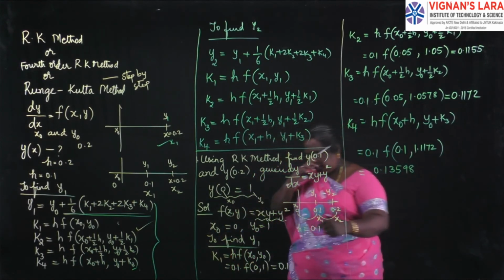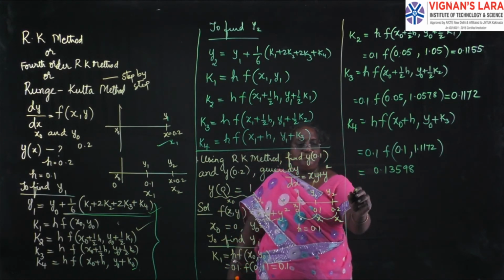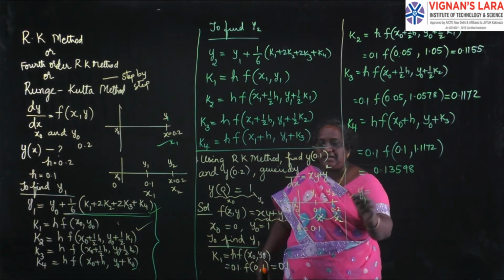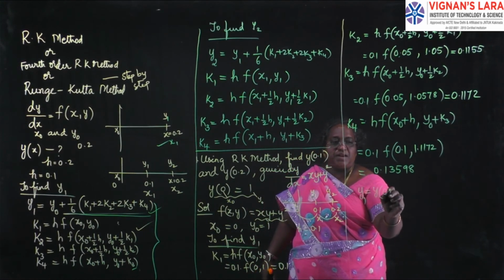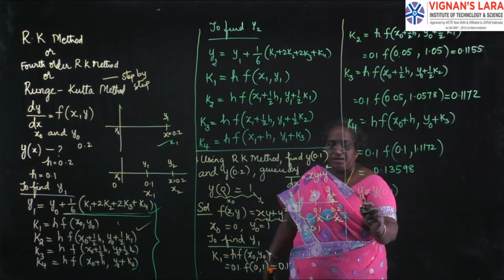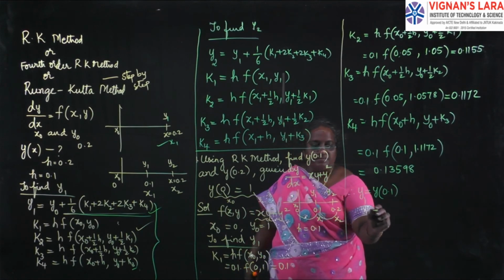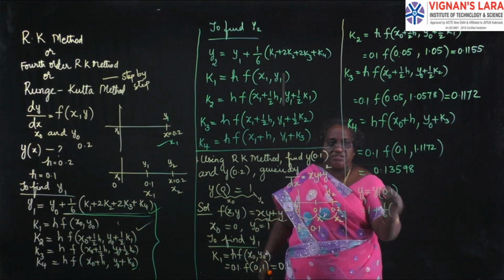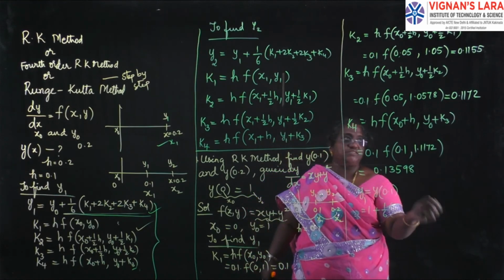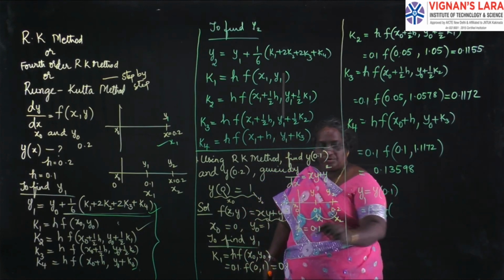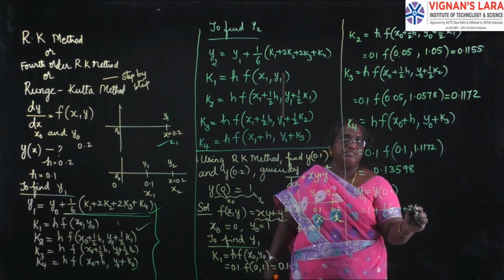Now we will substitute in the formula for which we have to evaluate y1. Therefore, y1 means y at 0.1. So what is the formula? Y naught. What is our y naught? It is 1 plus 1 by 6 into K1 plus 2K2 plus 2K3 plus K4. K1 is 0.1 plus 2 times K2 plus K3.